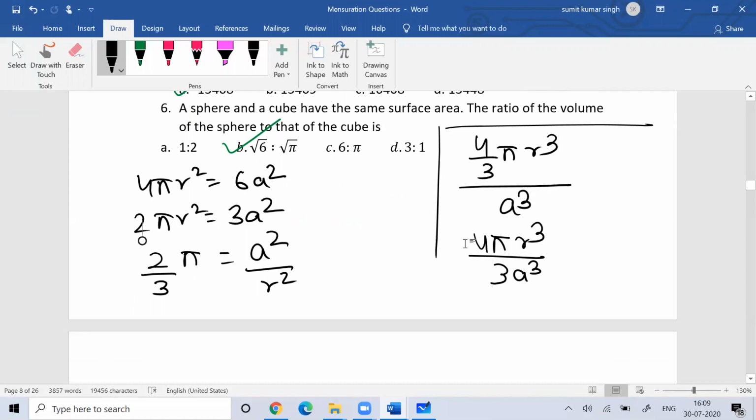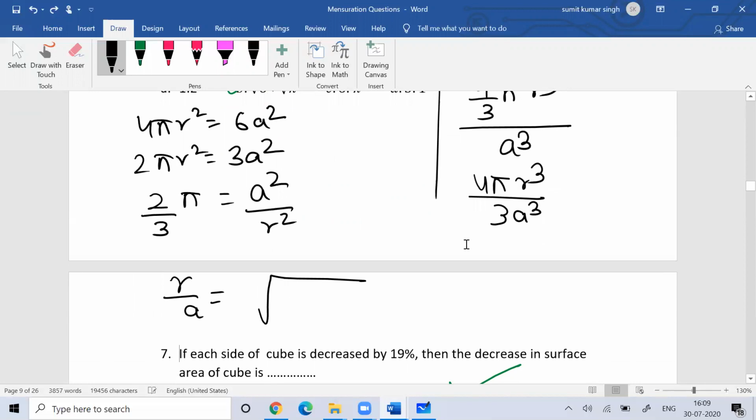So I can write r by a as the square root of 3 by 2 pi.